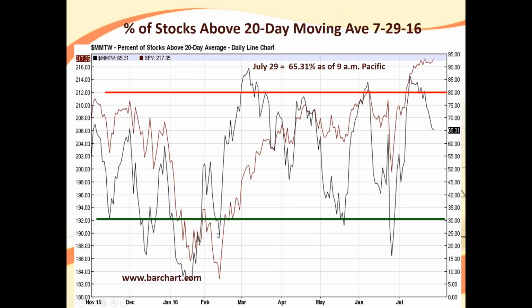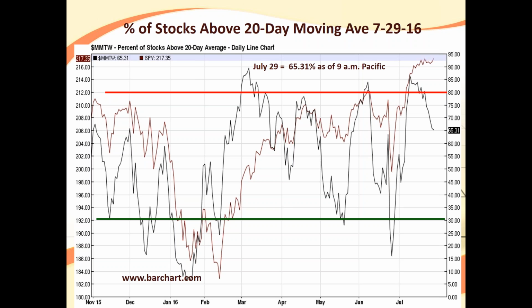As you can see, what's interesting is when I checked this morning, the stocks above their 20-day moving average on the S&P had actually slipped to around the same level, 60-65%, which still means that 35% of the stocks are below that.